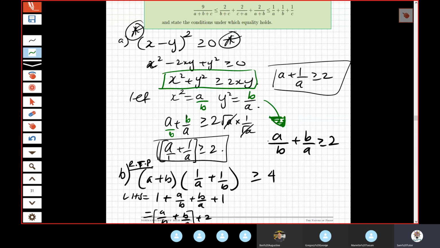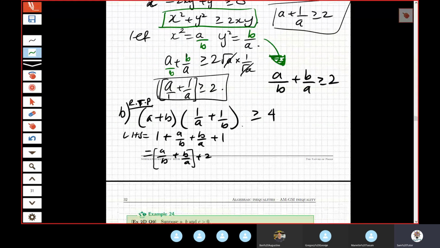It works the same way, because 1 is just a number, just like b is, as long as these numbers are the same. And that's greater than or equal to 2 plus 2, which is obviously the right-hand side. Therefore, left-hand side is bigger than or equal to right-hand side.